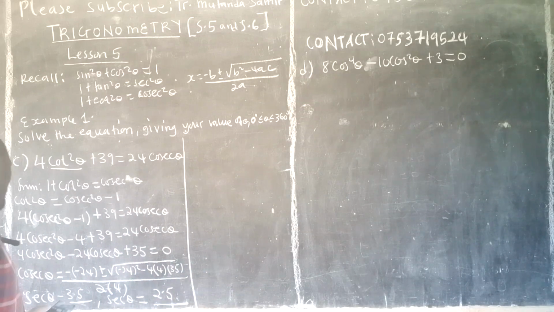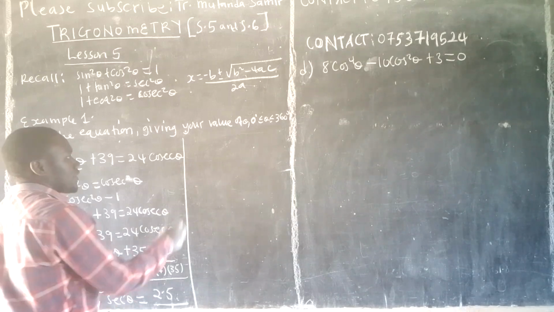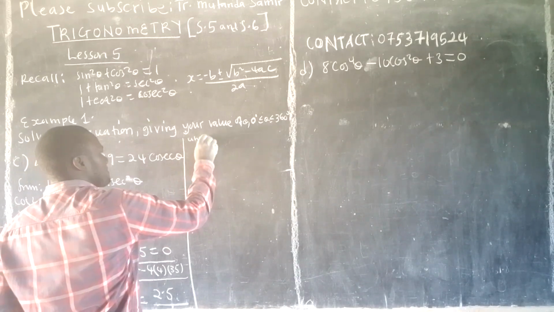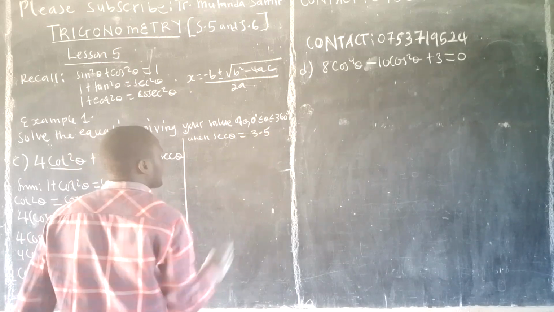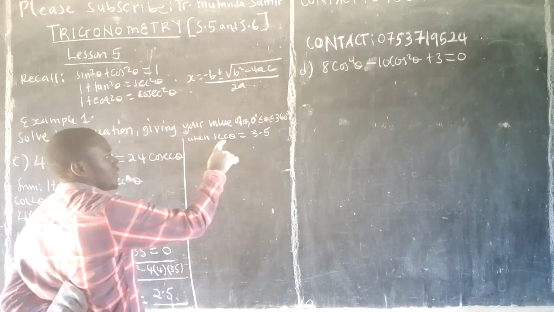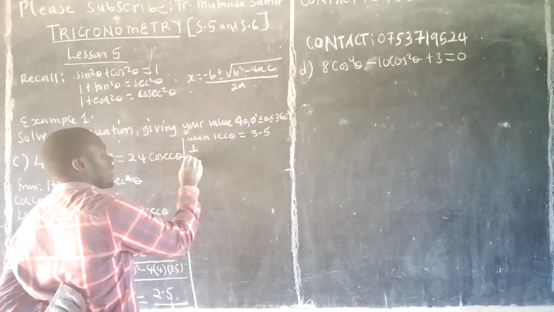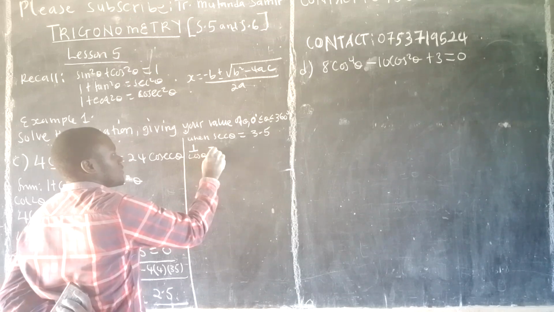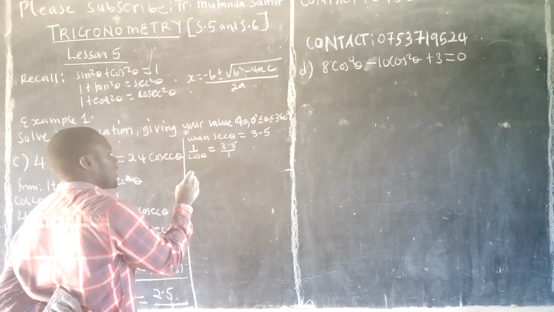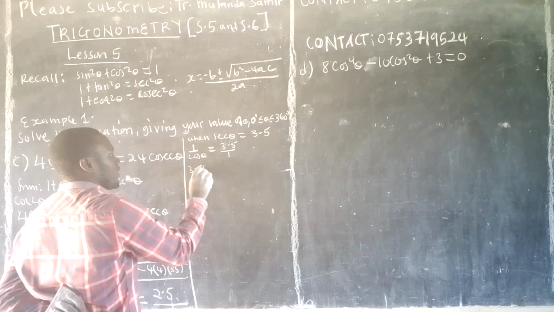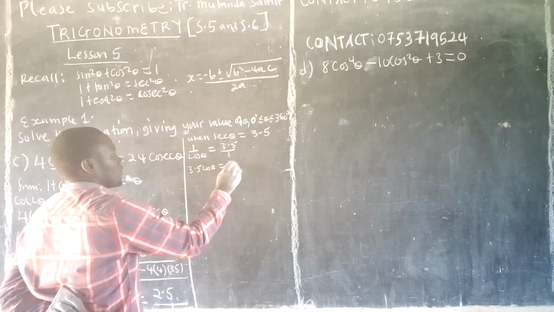So let's start with this version here. When sec theta equals 3.5, this is the same as 1 over cos theta is equal to 3.5. What you do is cross multiply, and you realize that you shall have 3.5 cos theta being equal to 1.